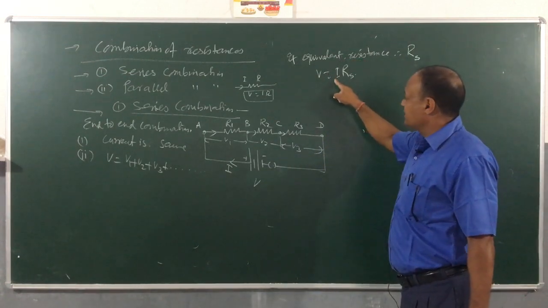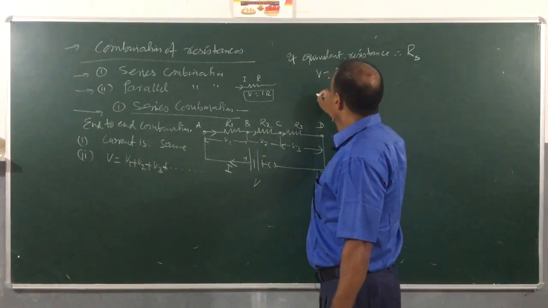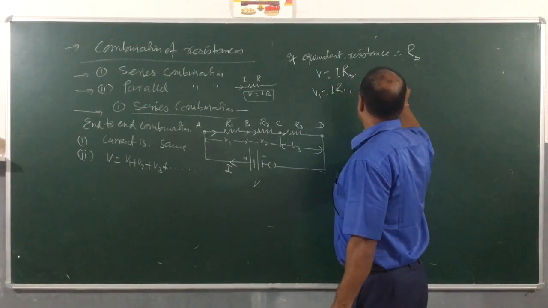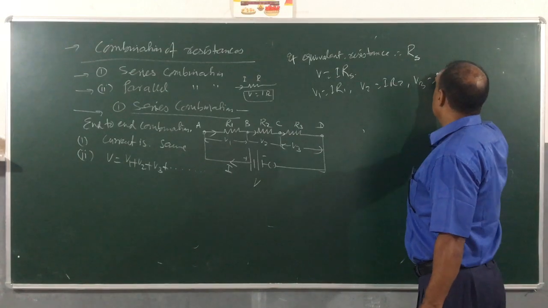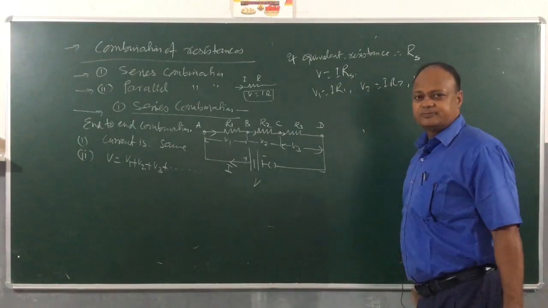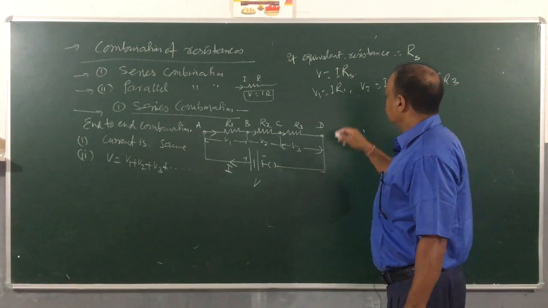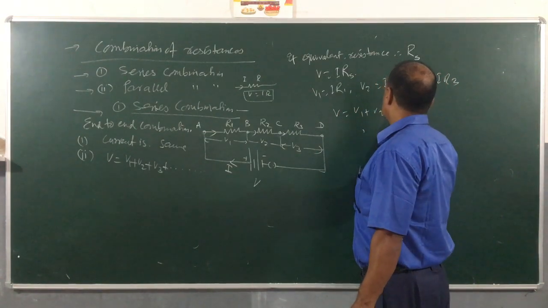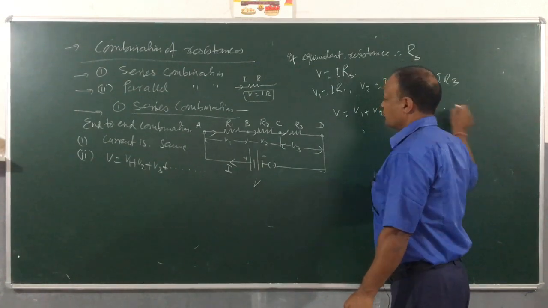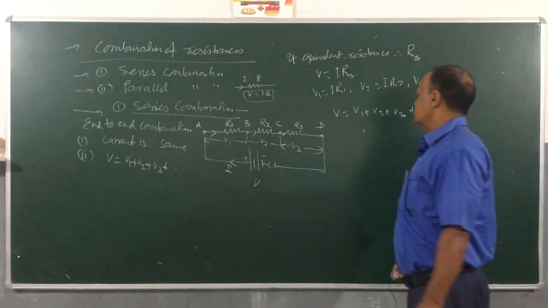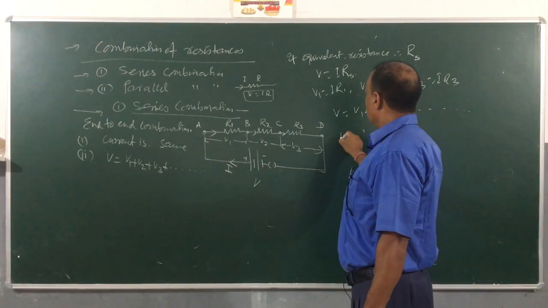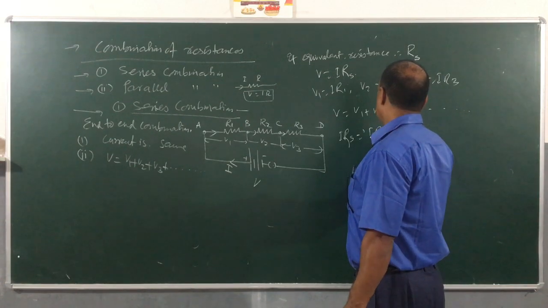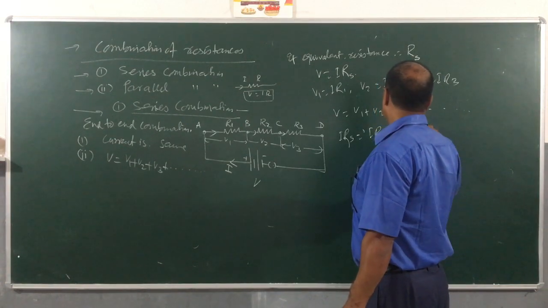How many volts are you applying? I into RS. And also we know V1 is equal to I into R1, V2 is equal to I into R2, V3 will be equal to I into R3. It will just go on. So therefore, V is equal to V1 plus V2 plus V3, and so on. We put in the values, then I into RS will be equal to I into R1 plus I into R2 plus I into R3.